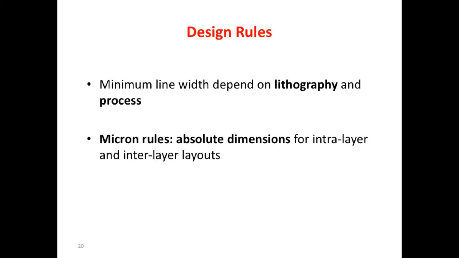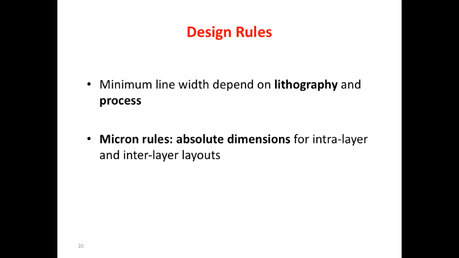And we also have micron rules. So one set of rules is the minimum line width for different types of layers, and the other set of rules is the so-called micron rules, which are the absolute dimensions for intra-layer and inter-layer layouts.